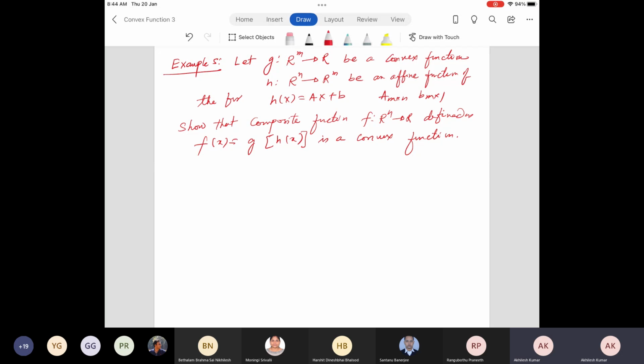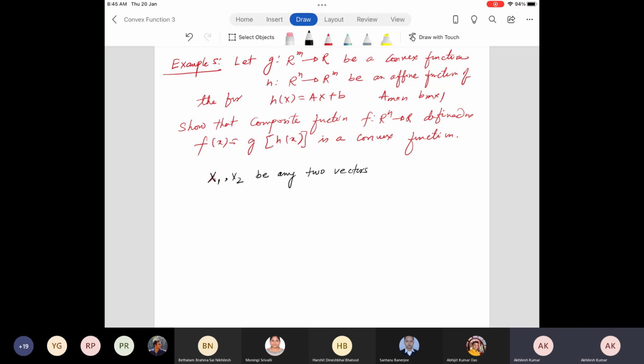So what is the general route we generally take to prove this? X equal to lambda x1 plus 1 minus lambda x2. We need to say something more here. You have to say x1 and x2 be any two vectors here. Okay.